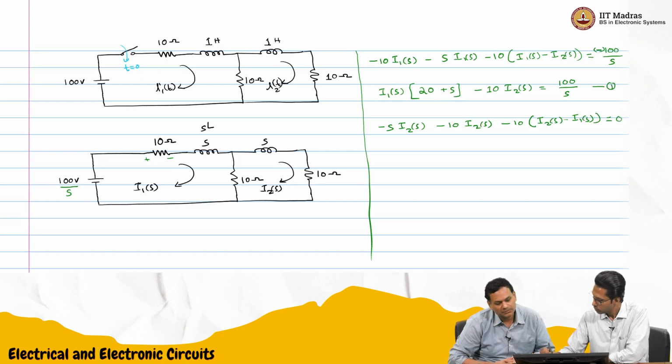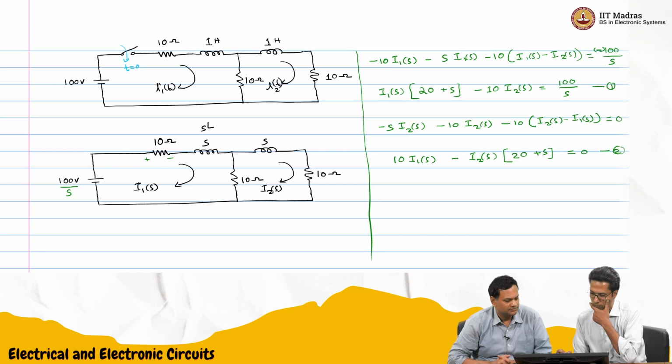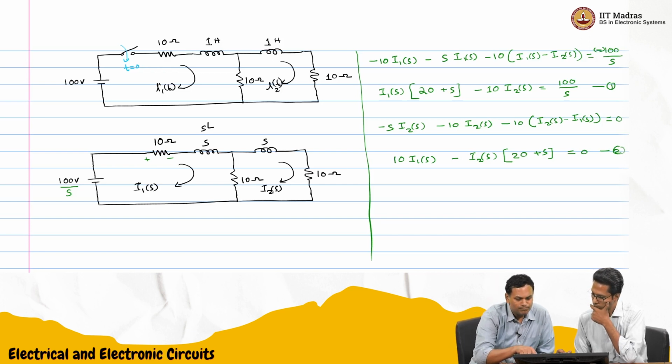So there is 10 I1 of S, plus 10 I1 of S, minus I2 of S times (10 plus 10, 20, 20 plus S). So I2 of S has 10, 10, 20 and then plus S.